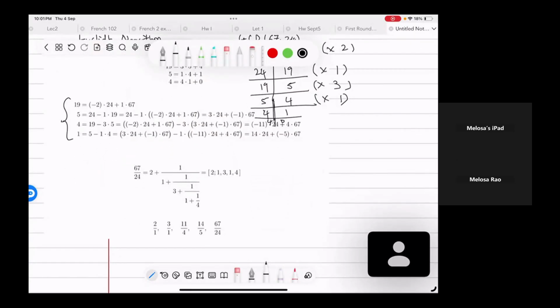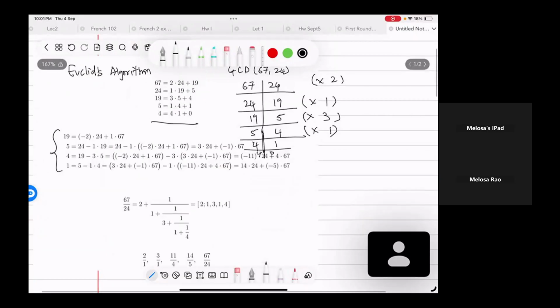So basically from these equations, we can backtrack to writing 1 as some kind of linear combination, or linear combination might not be the right word, but some constant times 67 plus some constant times 24. And how we can do this is also explained here, but it's pretty easy to do ourselves.